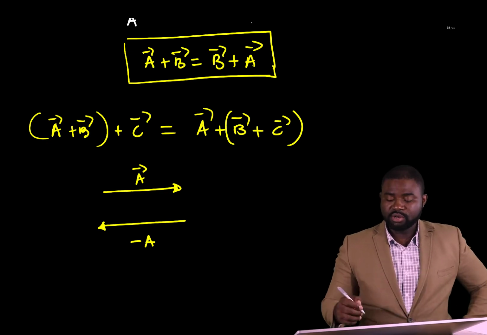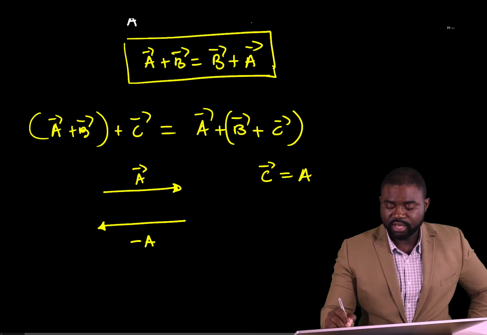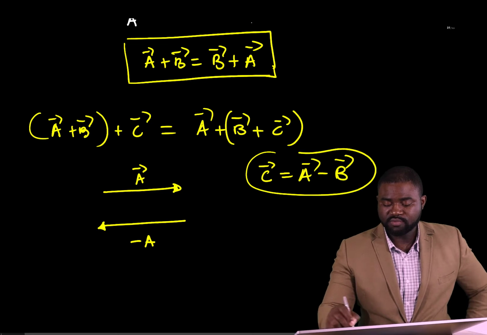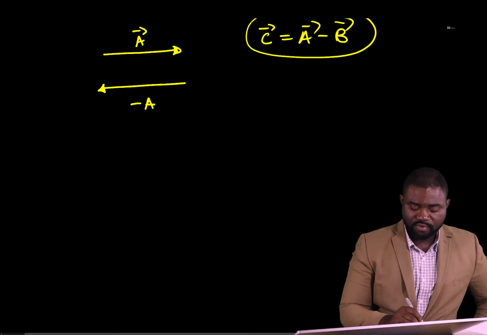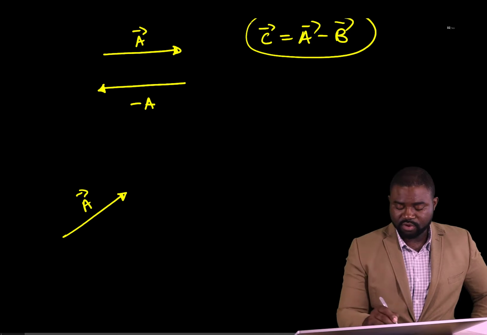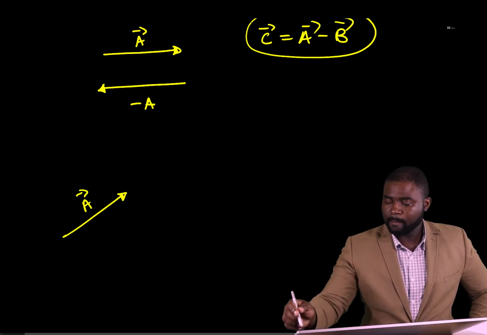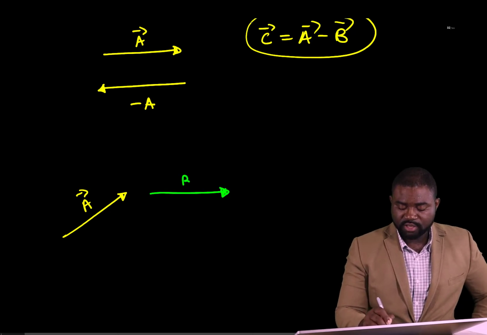This is important because if you want to do, let's say you have a vector C equal to A minus B, how do you add these vectors? Let me demonstrate that. Suppose you have a vector A which is directed like that. This is vector A. And you have another vector B which is directed like that.